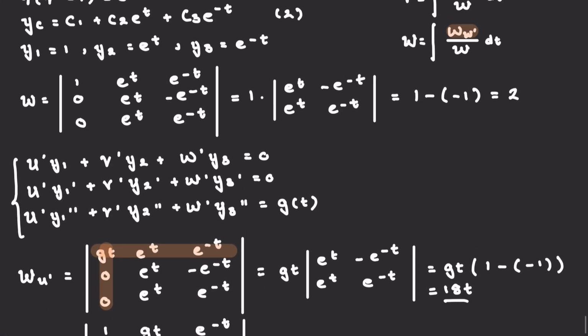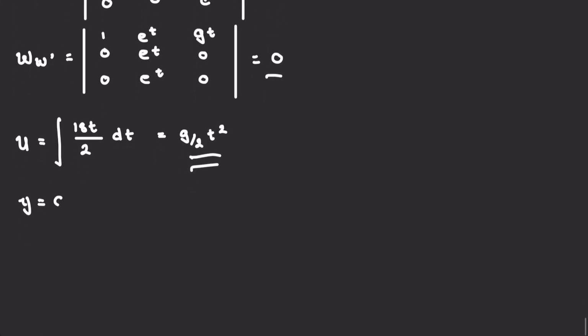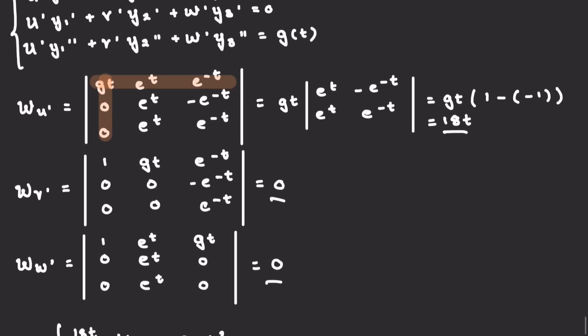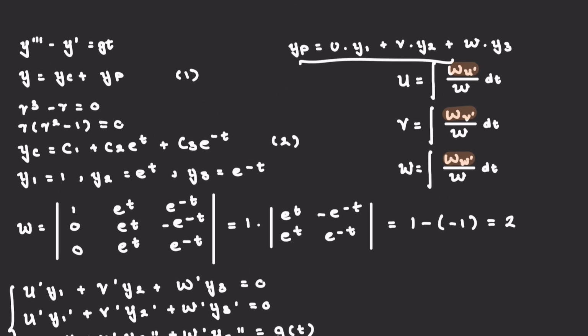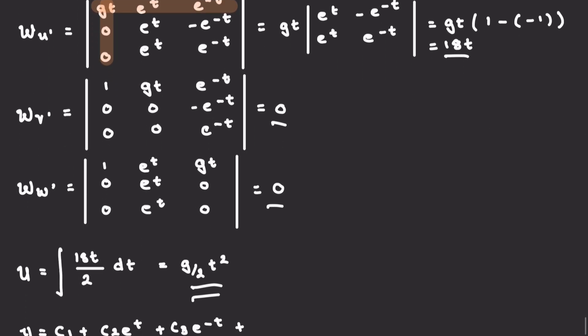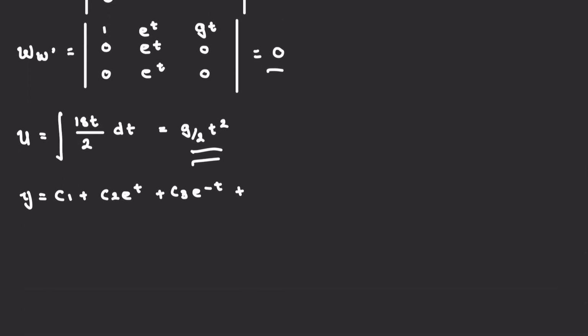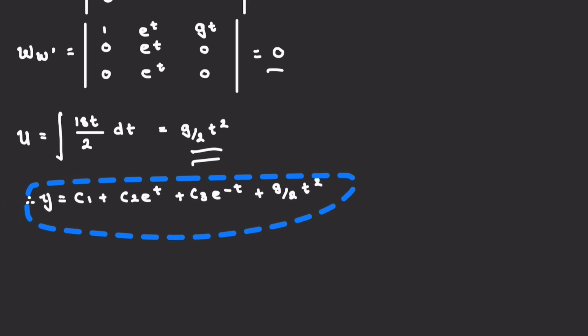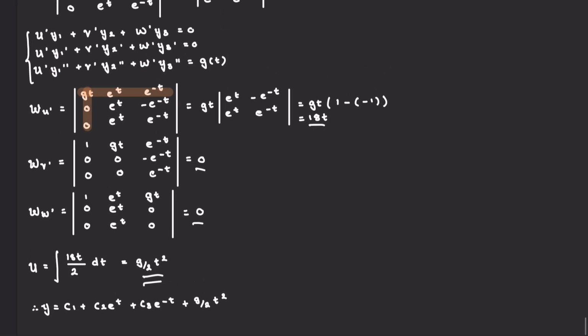Remember, our yc is c1 plus c2 e to the t plus c3 e to the negative t, plus our yp, or our solution to the non-homogeneous part, which will just need the u and y1, and our y1 is fortunately 1, so 1 times u, or 1 times 9 over 2 t squared, is just 9 over 2 t squared. And so this is our final solution, or we're going to say this is our general solution to this higher order differential equation.